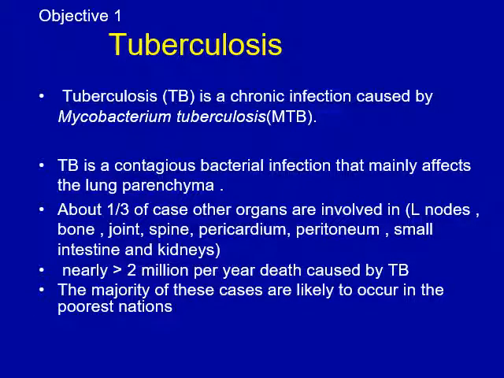Tuberculosis is a chronic infection. A chronic infection is not pneumonia, which is acute inflammation of the pulmonary parenchyma, but here it is a chronic infection caused by Mycobacterium tuberculosis.